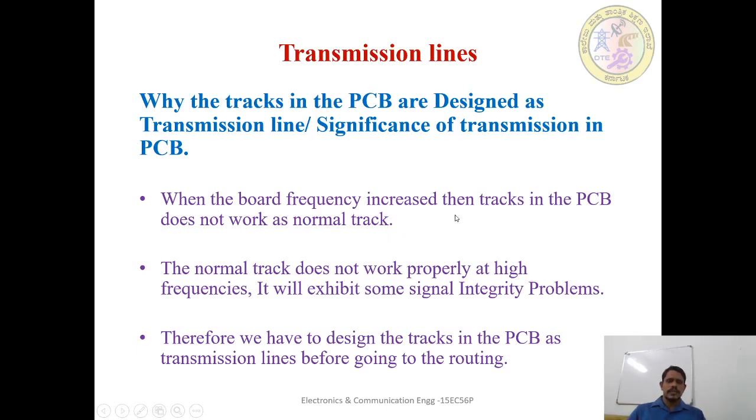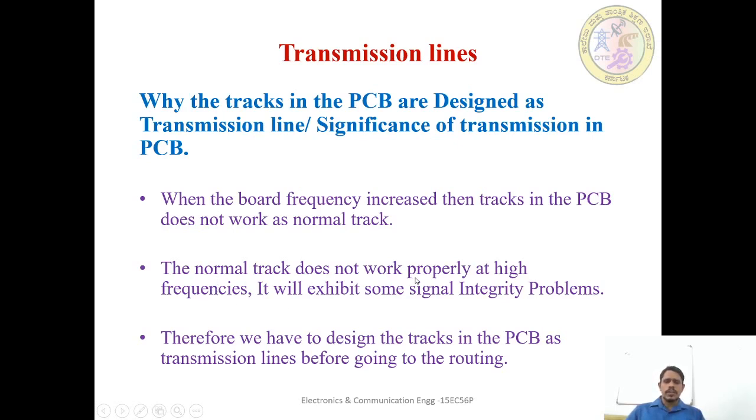Therefore, we have to consider the tracks as transmission lines. That is the importance of the transmission line. The normal track does not work properly at high frequencies. It will exhibit signal integrity problems like reflection, crosstalk, ground bounce, and simultaneous switching noise in a particular pin.